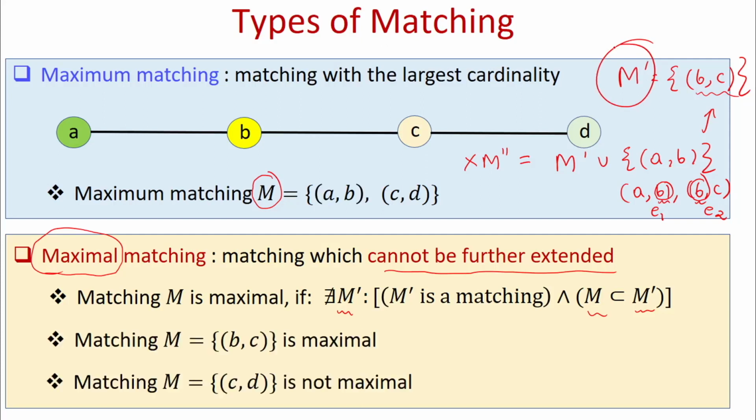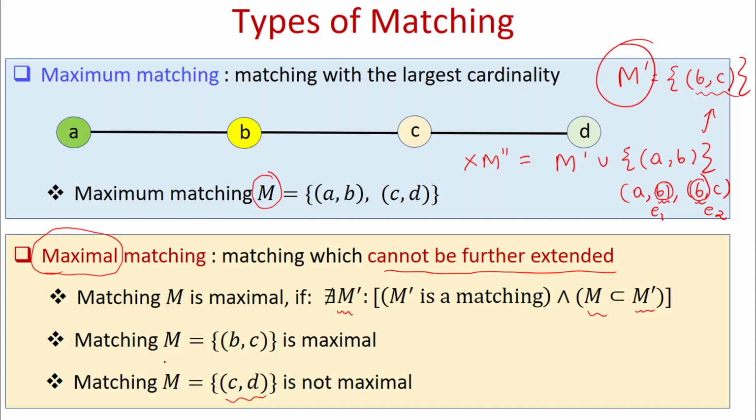Whereas if I take the matching C comma D in this graph, it is not maximal. Why is it not maximal? Because I can further extend my matching M and get a bigger matching. Namely, I can add the edge A comma B in this matching and it will still constitute a matching. So there are two types of matching here, maximum matching and maximal matching.